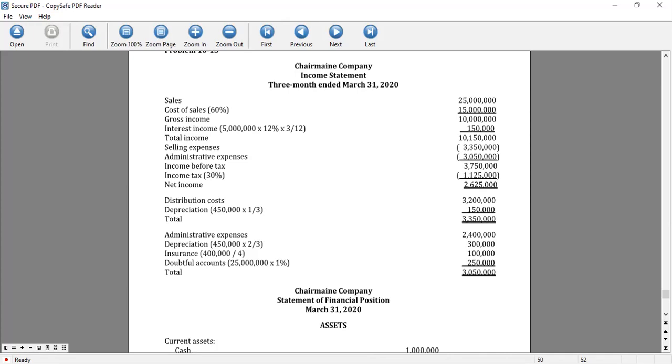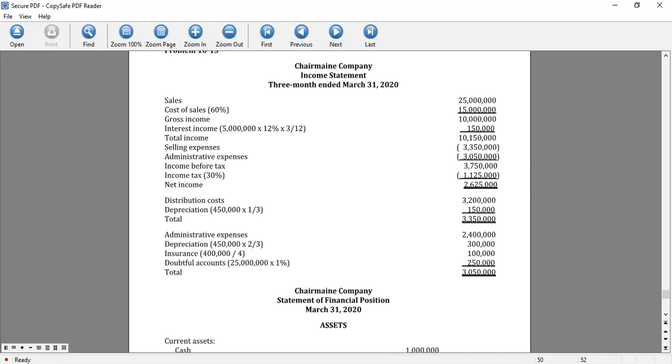The building and equipment has a cost of 18 million. If you divide that by 10 years, that's only good for 1.8 million a year. And of the 1.8 million a year, you have only one third relating to selling activities.